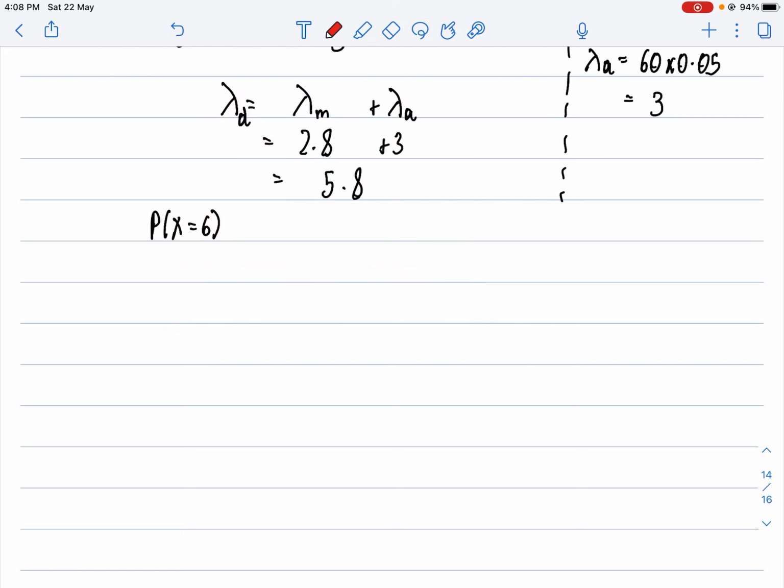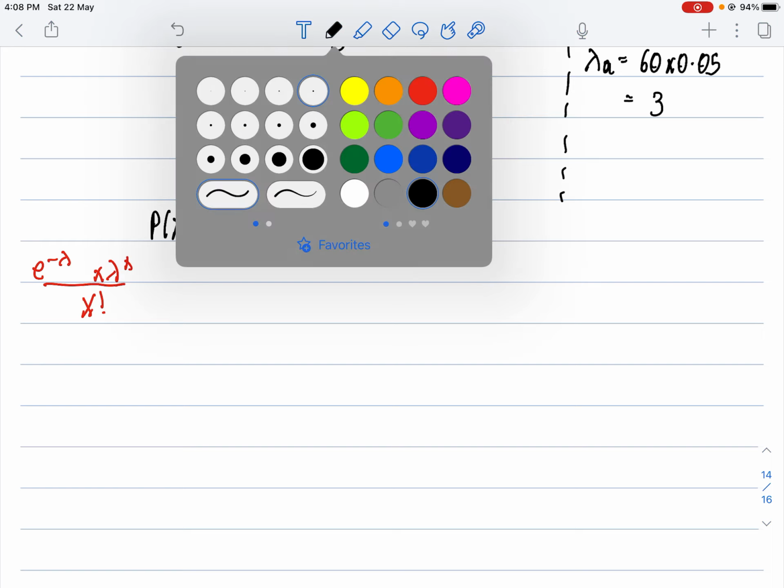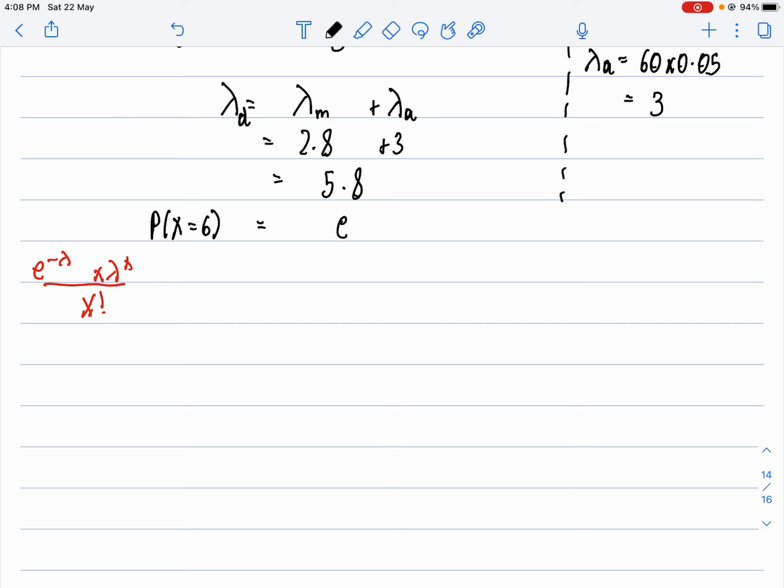The formula I know is e raised to minus lambda into lambda raised to x over x factorial. So using this formula, I can write this as e raised to minus 5.8 into 5.8 raised to 6 over 6 factorial.